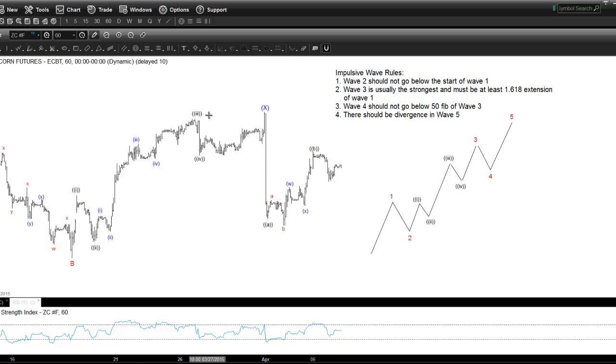Wave 5 in blue of the black wave 3. So you can see here that we can actually see some divergence here. So the RSI is making lower high while the price is making higher high, and that's called the RSI divergence.